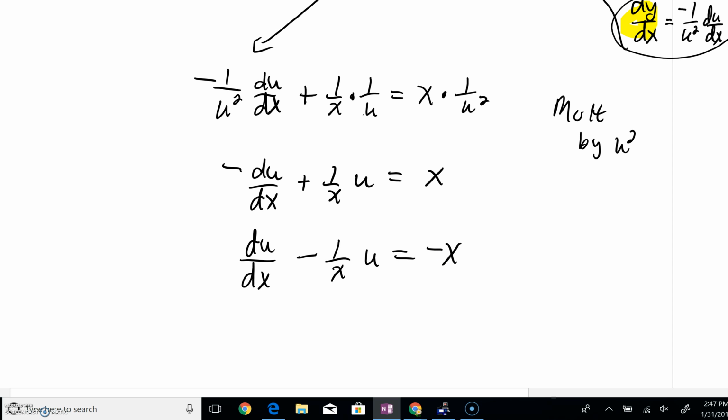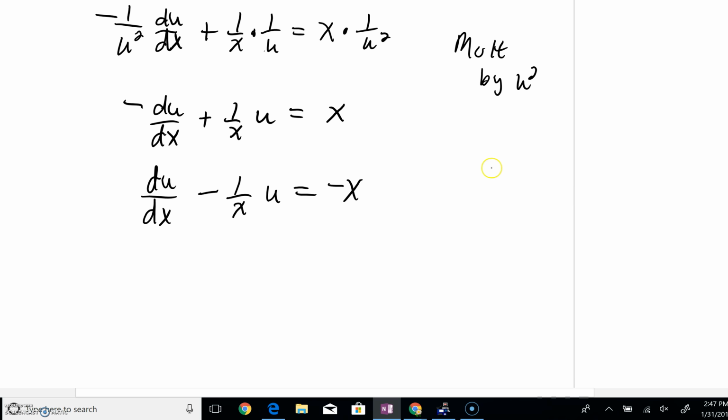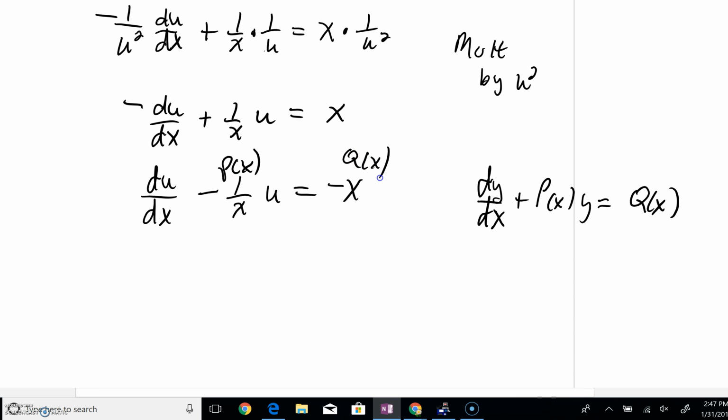So at this point, I hope you can notice the similarities to what we did at the start of this unit. We started off with linear differential equations where we found an integrating factor. So, this is kind of like our p of x right here. This is like our q of x.